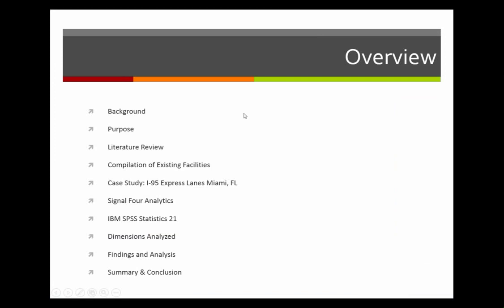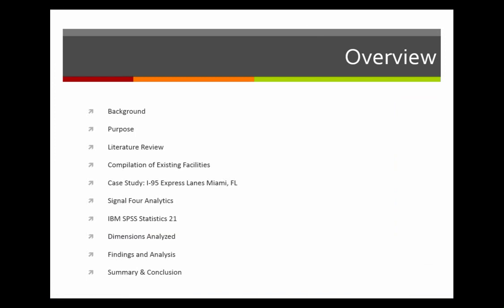So just a brief overview. First, I'm going to go through the background of the situation, what the project's all about, then the purpose, why we're doing this, and the literature review and the compilation of existing facilities, which is what I specifically worked on for this project, and what I contributed to the research project as a whole.